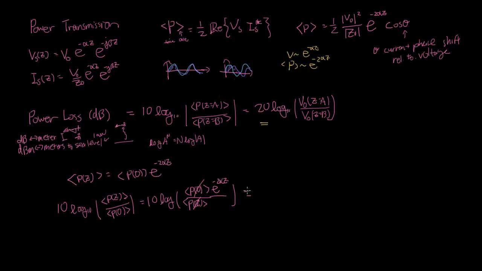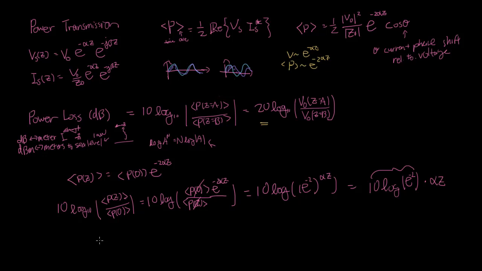You can then rewrite this e to the minus 2 alpha z as 10 log of e to the minus 2 taken to the alpha z, which according to this rule here, we can take out this alpha z, so you're left with 10 log of e to the minus 2, and then this whole thing times alpha z. And these are all known quantities.